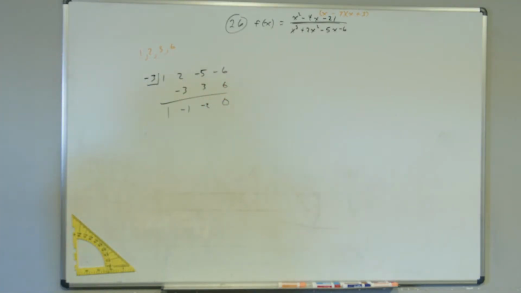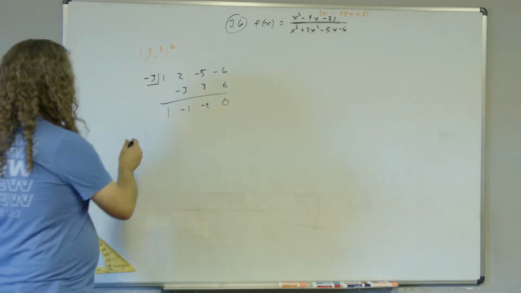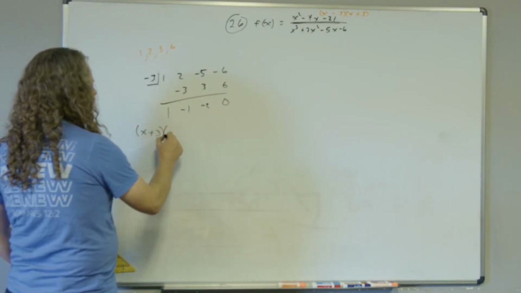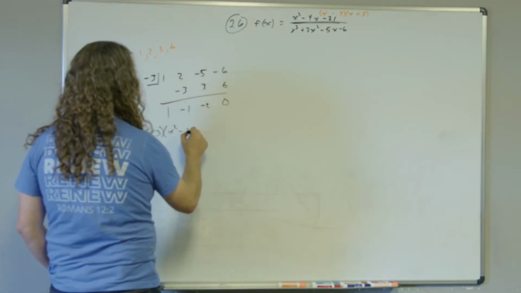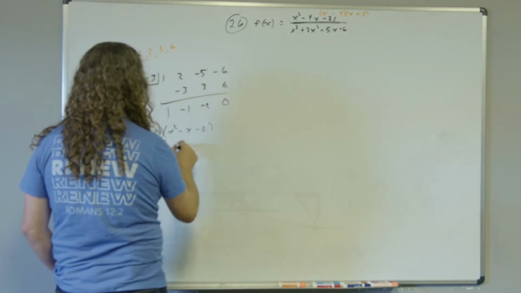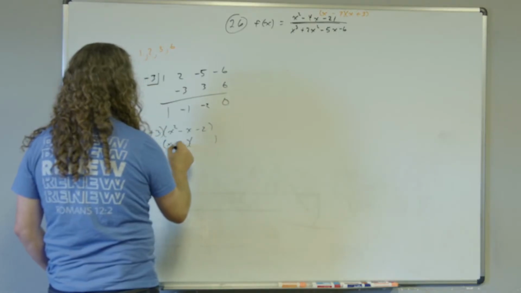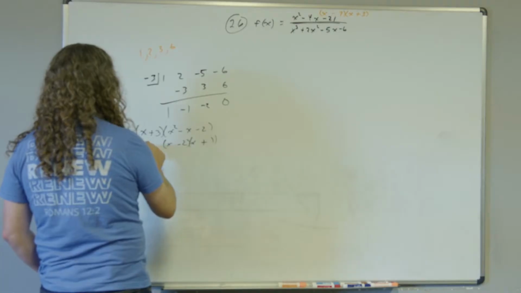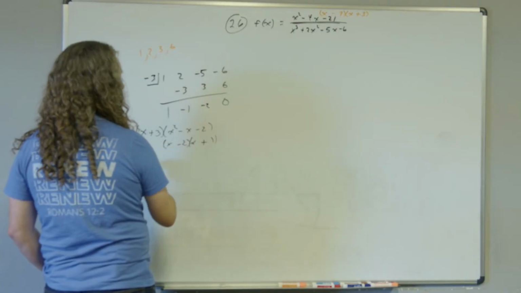Now what? Now we just factor out the x squared minus x minus 2. So we've got x plus 3 times x squared minus x minus 2. If we're lucky, this will just factor. 2, 1, minus, plus. It does. Happy days are here again.